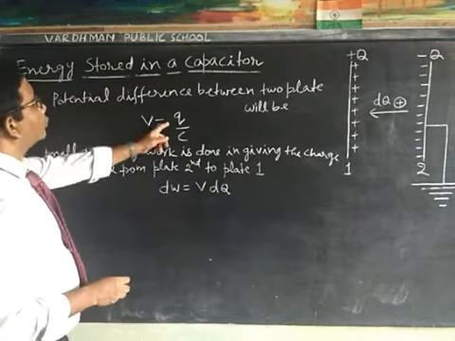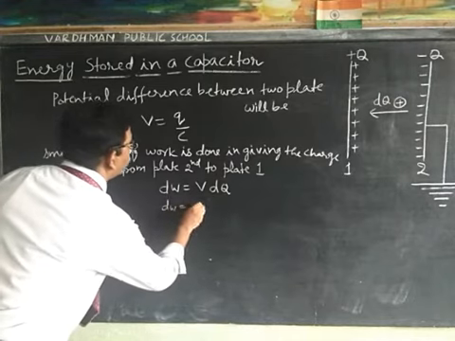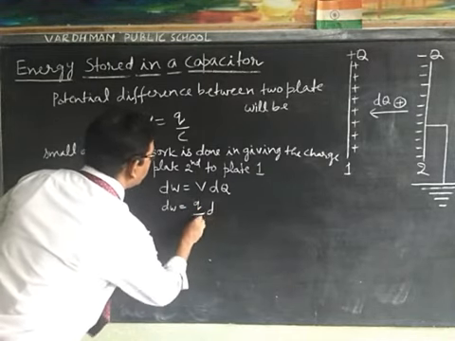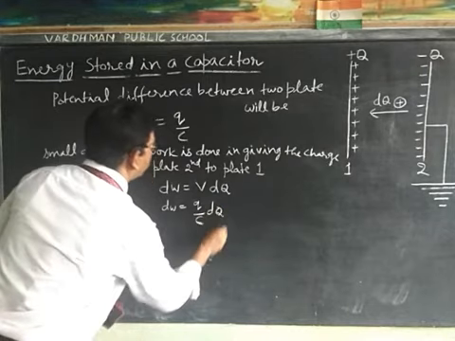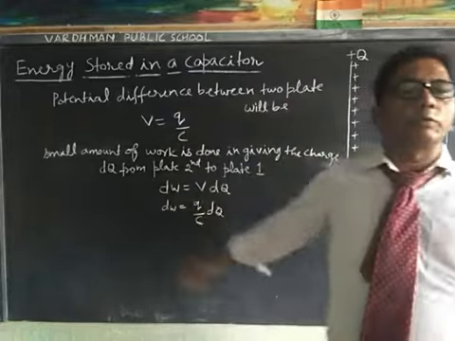Now V is equal to Q upon C. Therefore dW is equal to Q upon C dQ.